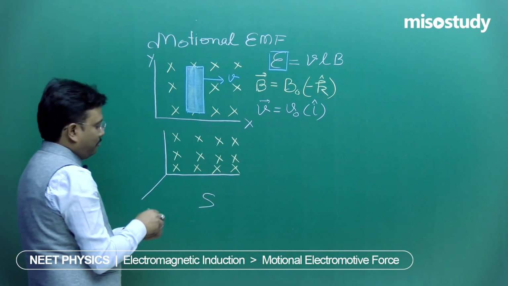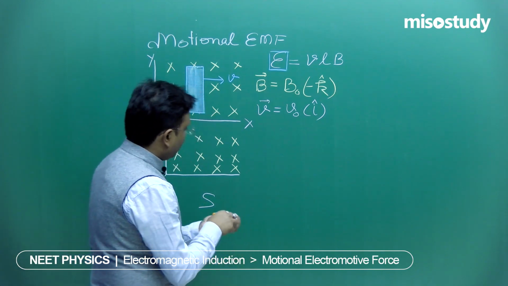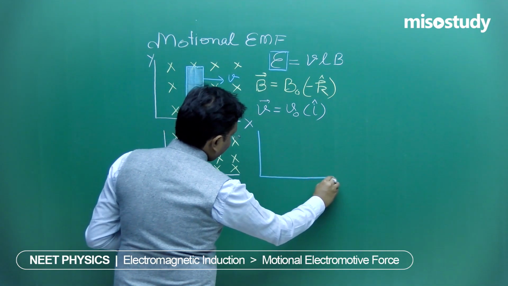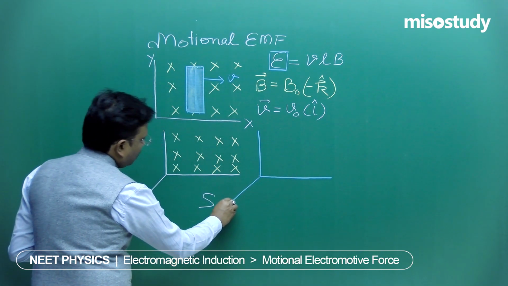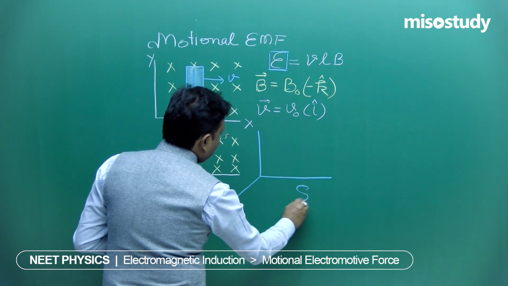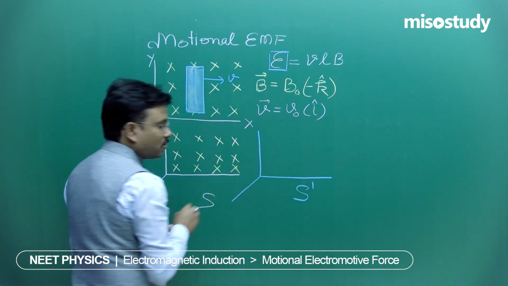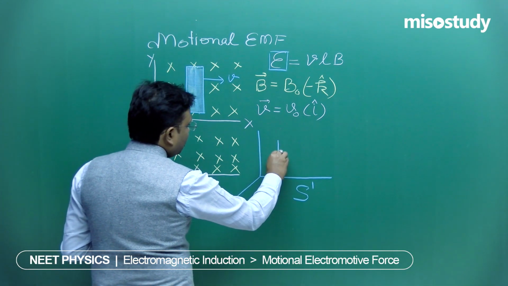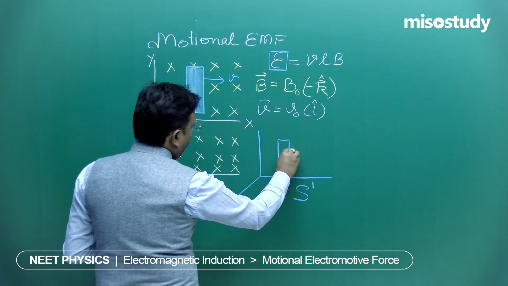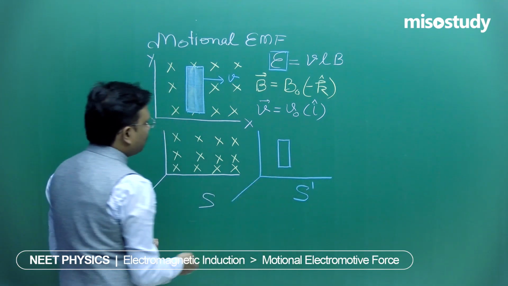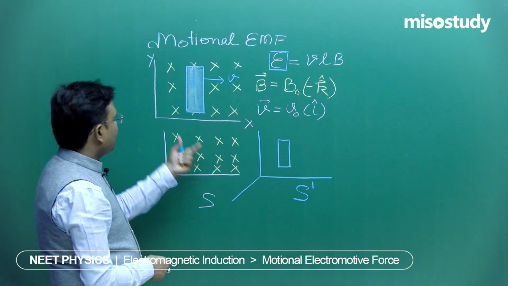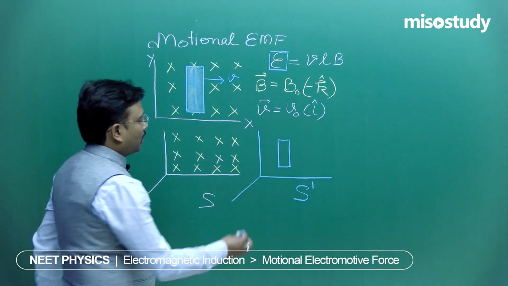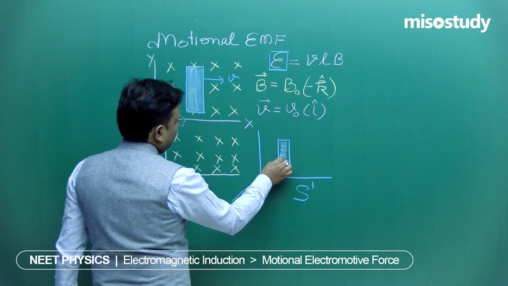Another, let me draw another diagram, this blue color one, and let us say this is the S prime reference frame, and in this reference frame this metallic rod is placed. So now you have two reference frames, one in which this magnetic field is attached and another in which this rod is placed like this.